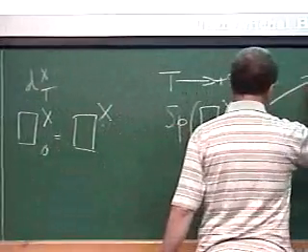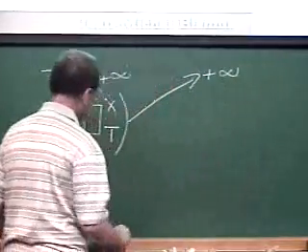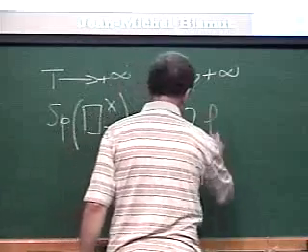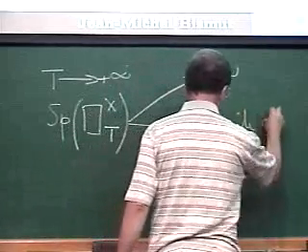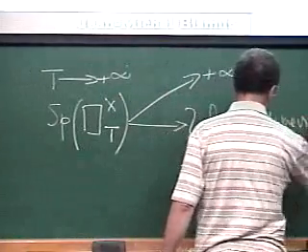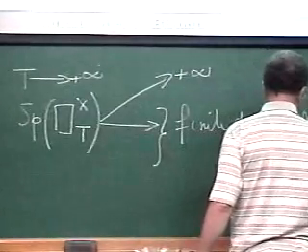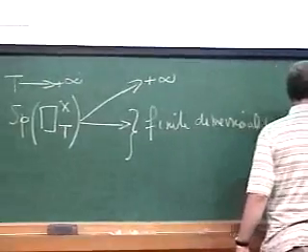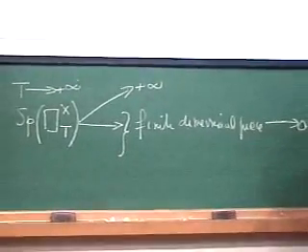So most of it goes to plus infinity. And there is a finite dimensional piece which goes to 0. This is in the case where f is a Morse function.